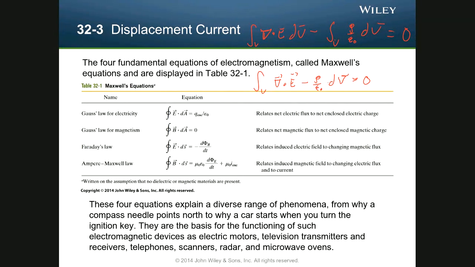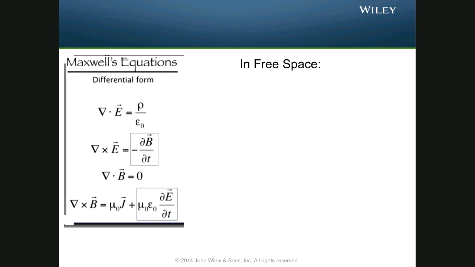And why do I do this? Because if the integral is equal to 0, then the integrand, everything in the parentheses, must also be equal to 0. And therefore, this implies that del dot E must equal rho over epsilon naught. And as you'll notice, that's our first differential Maxwell equation.